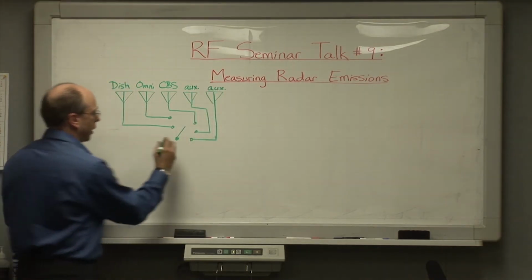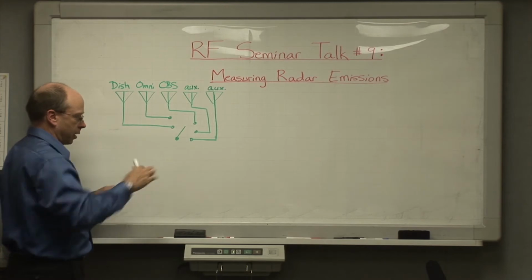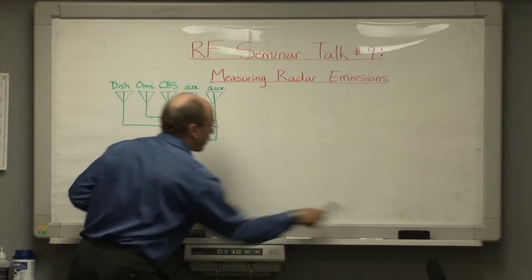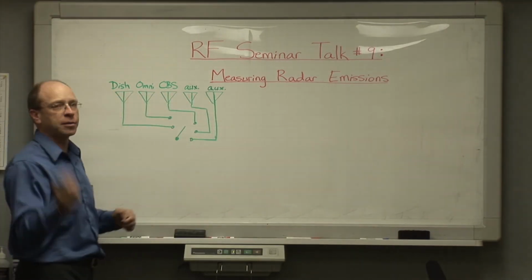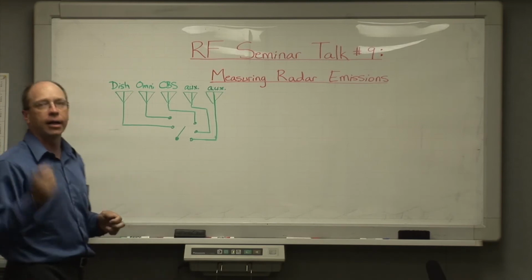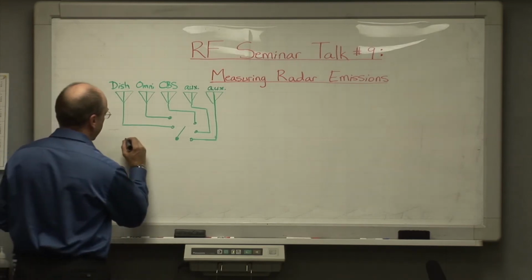So, with that said, we have one other component that we need at the front end, and we want to have this component as close as possible up to the measurement antennas, and that is a calibration source, a noise diode. We talked about this a little bit last time.